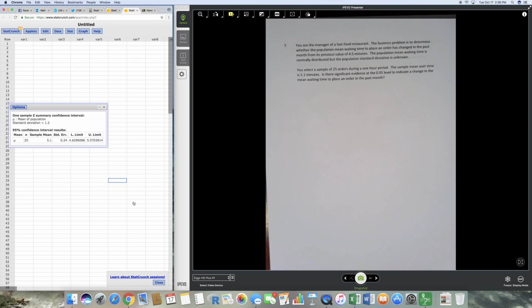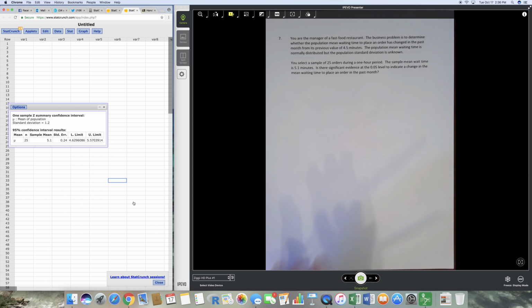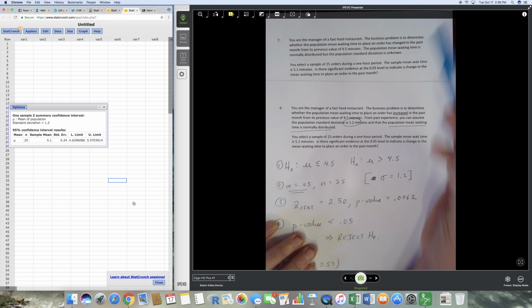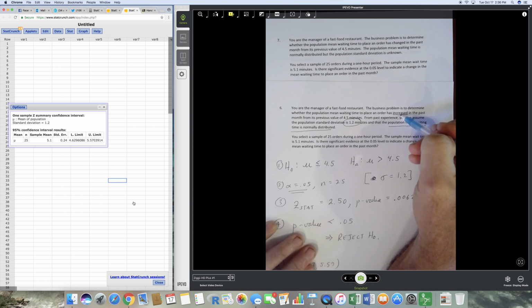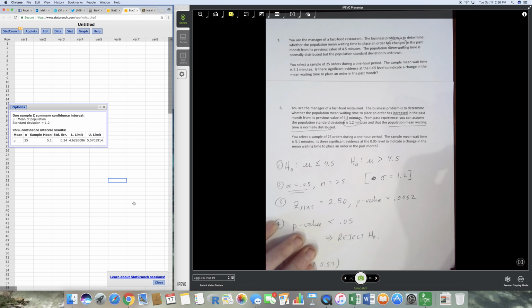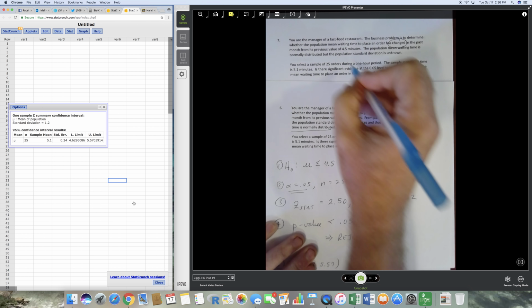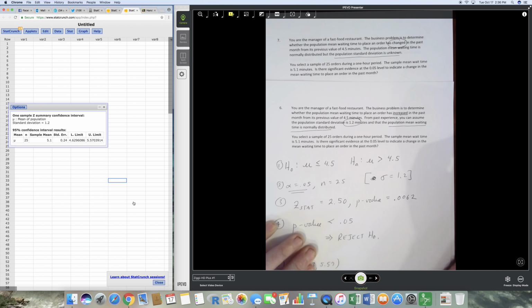All right, number 7. You're the manager of a fast food restaurant. Wow, what's going on here? Same stuff, right? But instead of increase, we have changed. But the difference in this problem is population standard deviation is unknown.